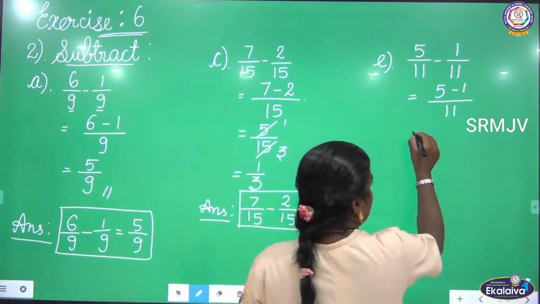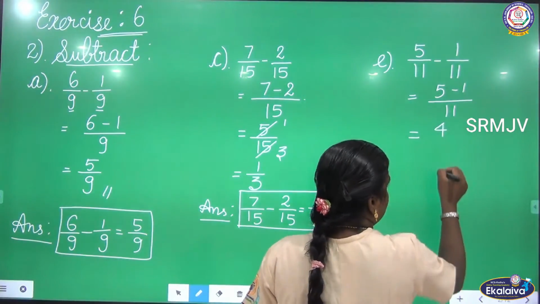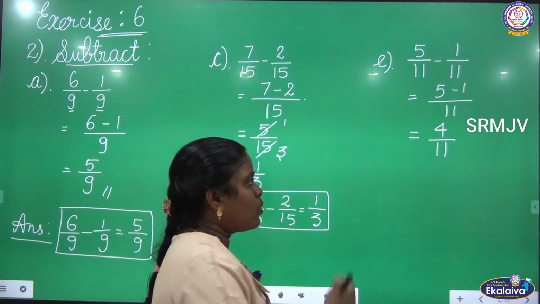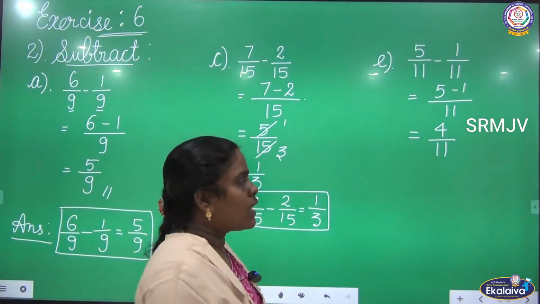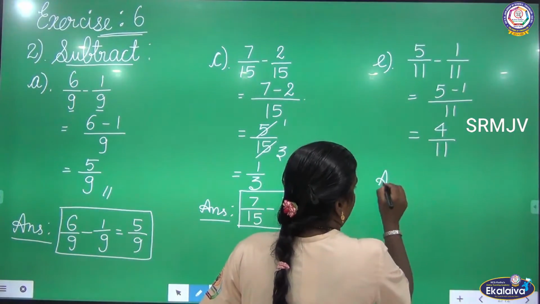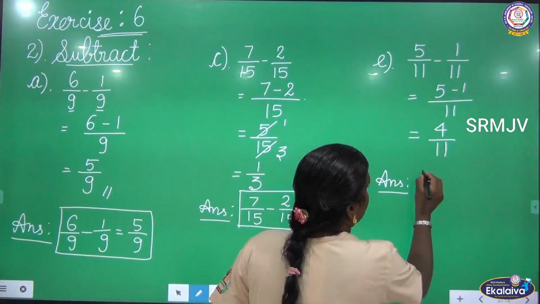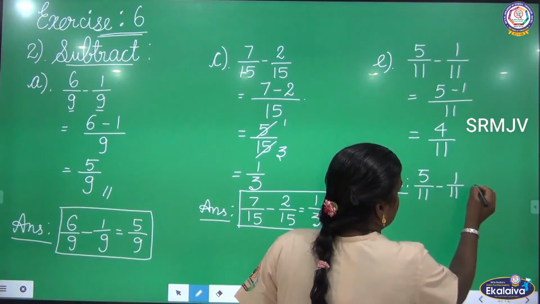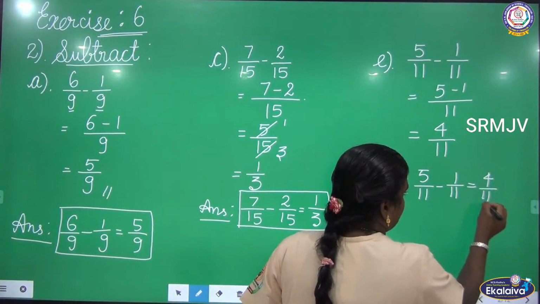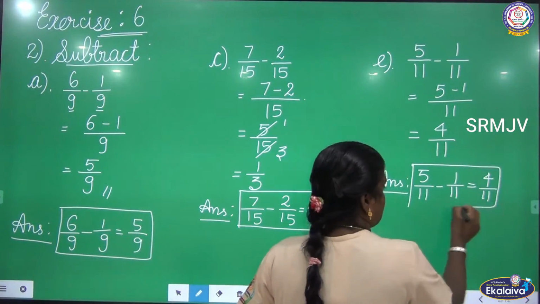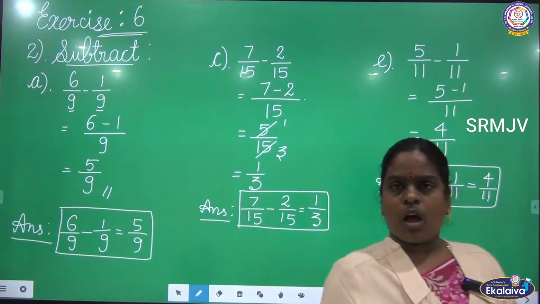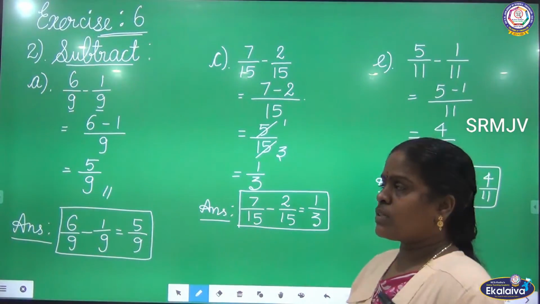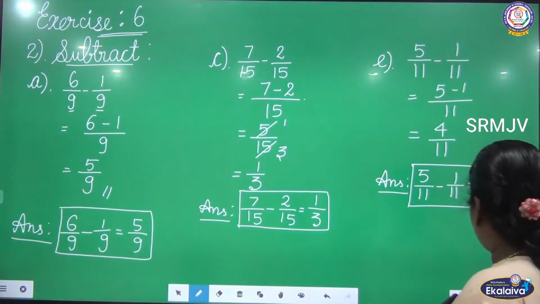It is 4. So numerator is 4 and the denominator is 11. So the answer is 4 by 11. If you subtract the like fractions, 5 by 11 and 1 by 11 is 4 by 11. So is this clear, children, how to subtract the like fractions? Yes. Now we will move to the next question.